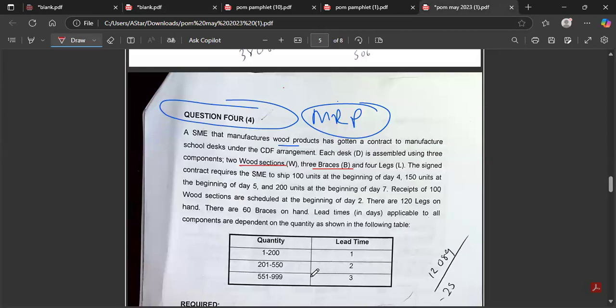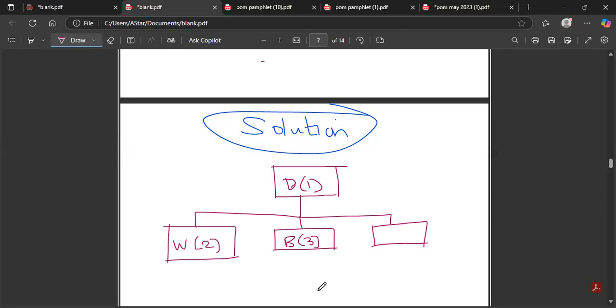Four legs. Legs, there are 4. All right, so this is it, level 0 and 1. That's all. So this is the product structure tree, and we get 5 marks for this.